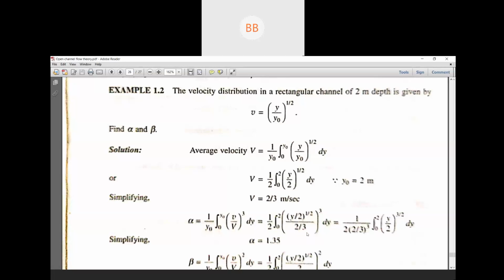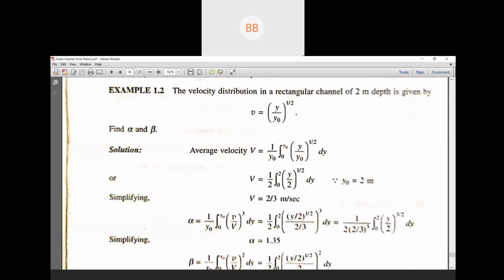Always remember you bring out all the constant terms as 1 by 2, then 2 by 3 is also constant. Remember that we have a cube here. So that is why 2 by 3 whole cube. Then integration of y by 2 whole to the power 1 by 2 multiplied by 3, so 3 by 2. And then you find out alpha. Okay.